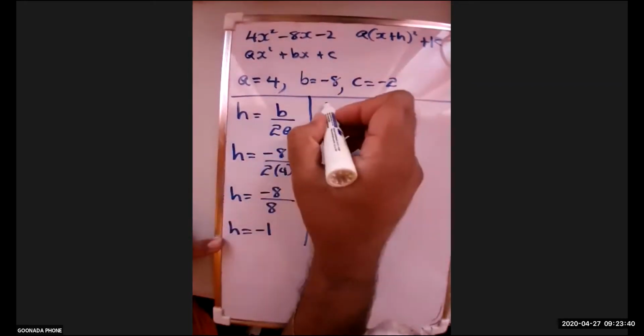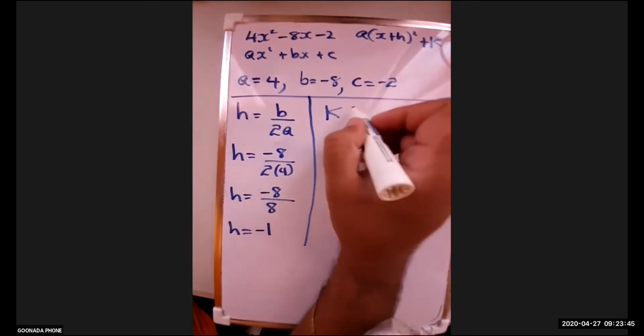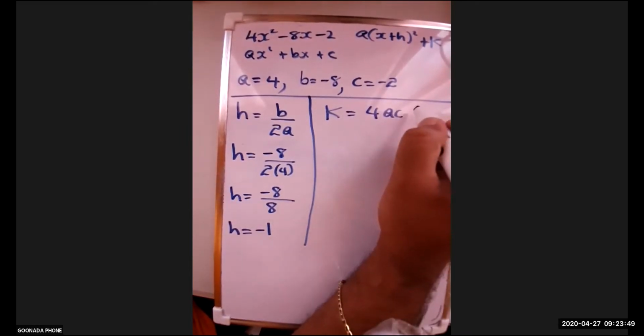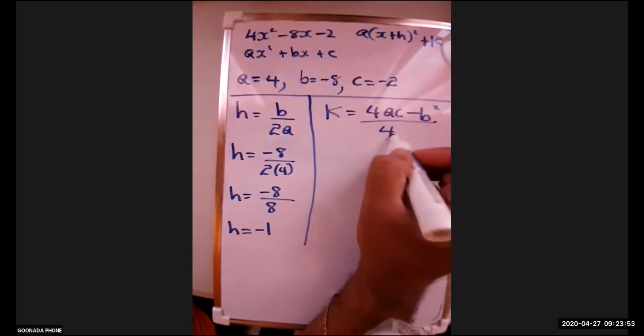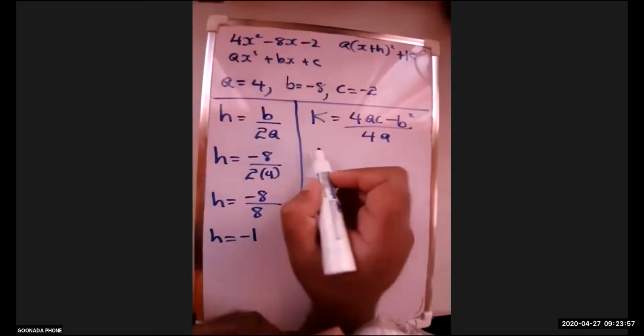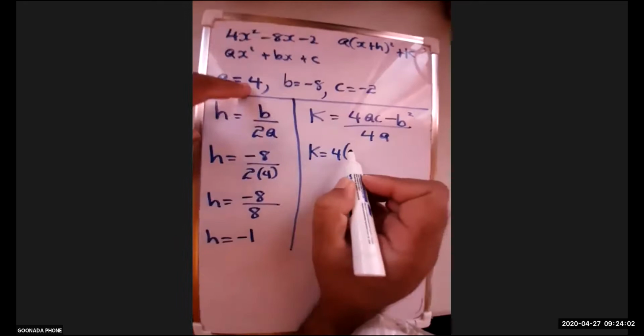Next, we have to go and find k. And remember how to find k, it's 4ac minus b squared all over 4a, right? So k is 4, and the value of a is also 4.